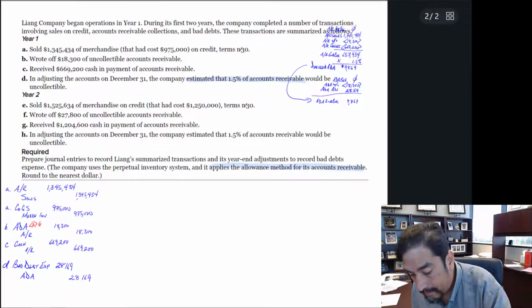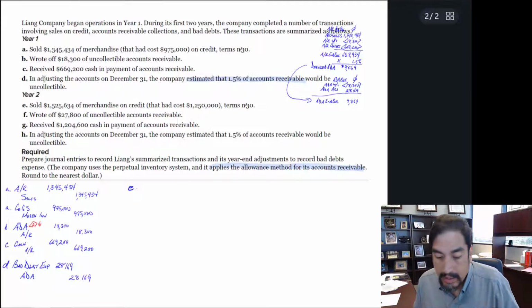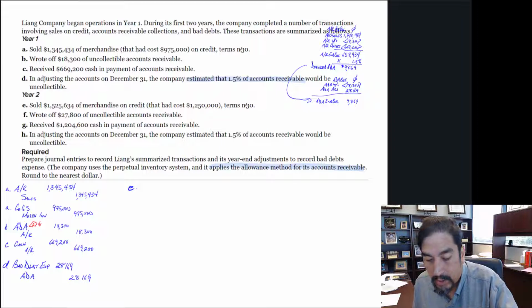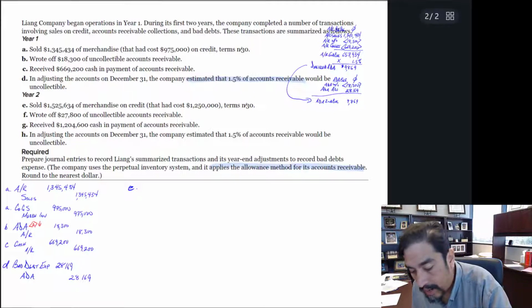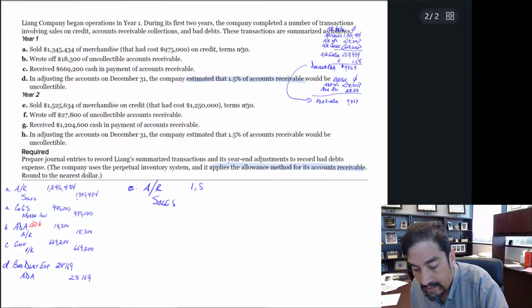We've got E. In E, we sold 1.5 million in merchandise that cost us 1.25 million. So E, we're going to write the accounts receivable and sales journal entry for 1,525,634.